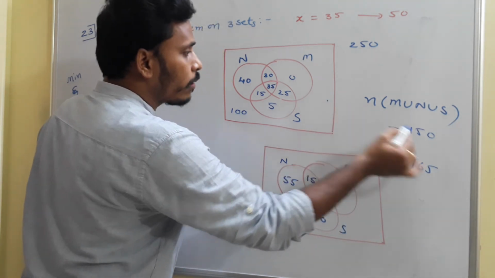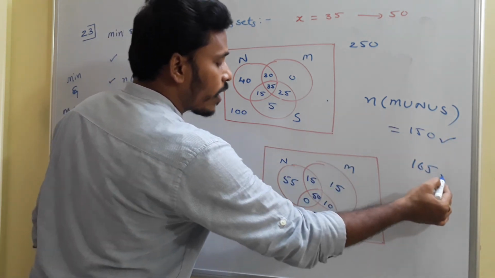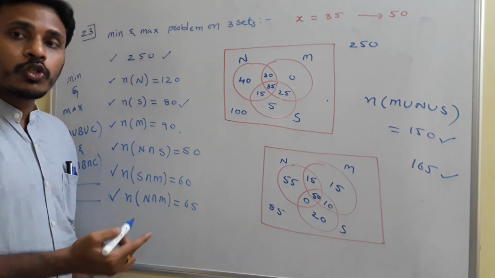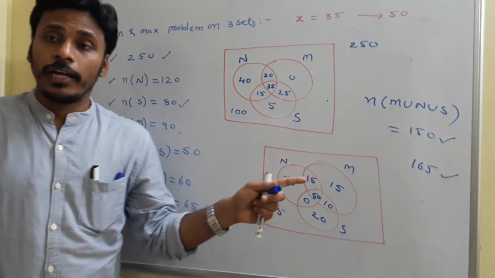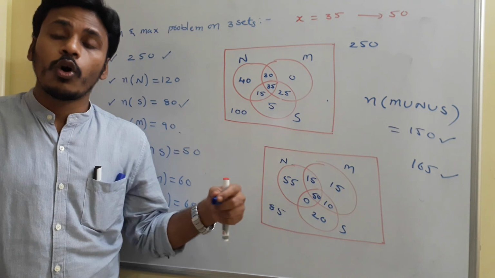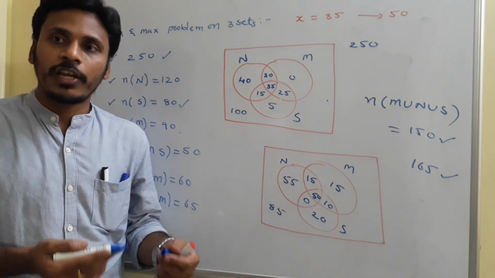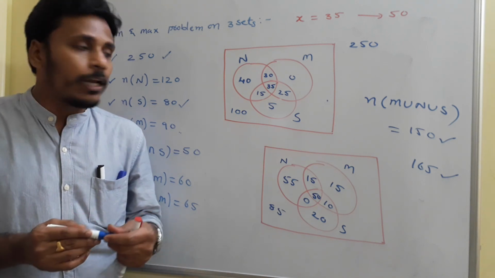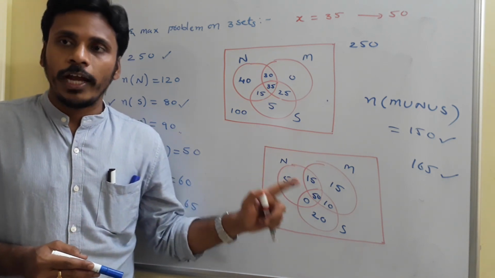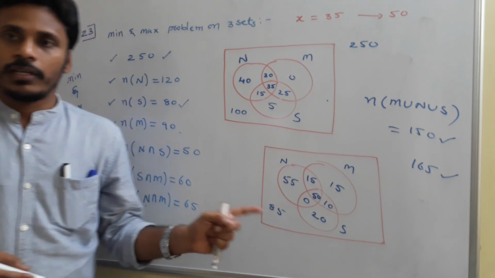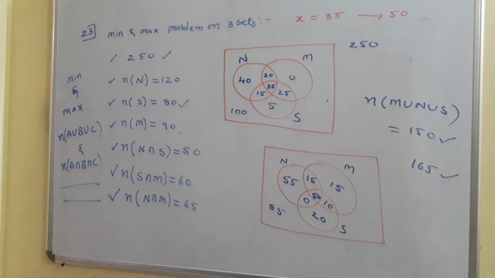So in one diagram the union is 150, in the other diagram the union is 165. So the minimum possible number of students watching at least one channel, in the sense of n of M union N union S, is 150 and the maximum possible value is 165. Okay, just have a look. And that's for today's class.